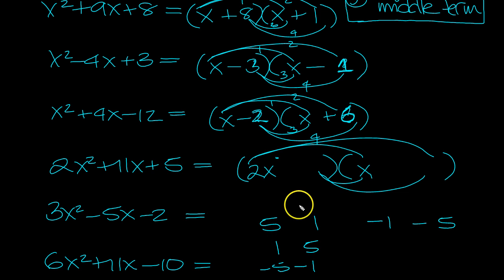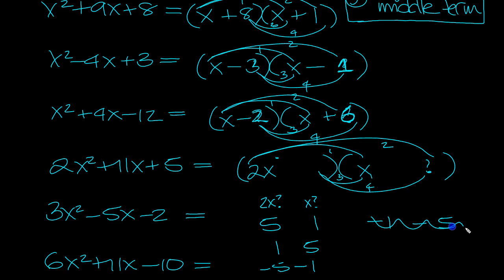Now the middle line, so 2x times this, so 2x times this, and then the line, that was line 2. Line 3 is x times this. Needs to add up to 11. See it? Middle lines, middle term. So 2 of these and 1 of these needs to add up to plus 11.